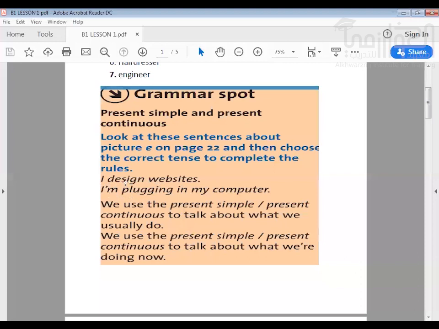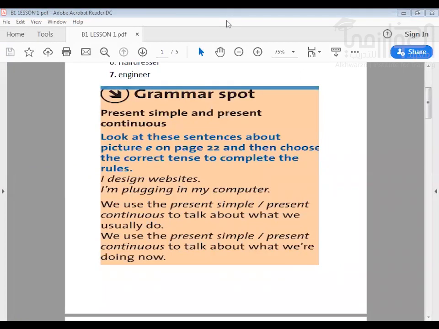We have two sentences. They are two different things. We use the present simple or the present continuous to talk about what we usually do. So for what we usually do, which one do we use?